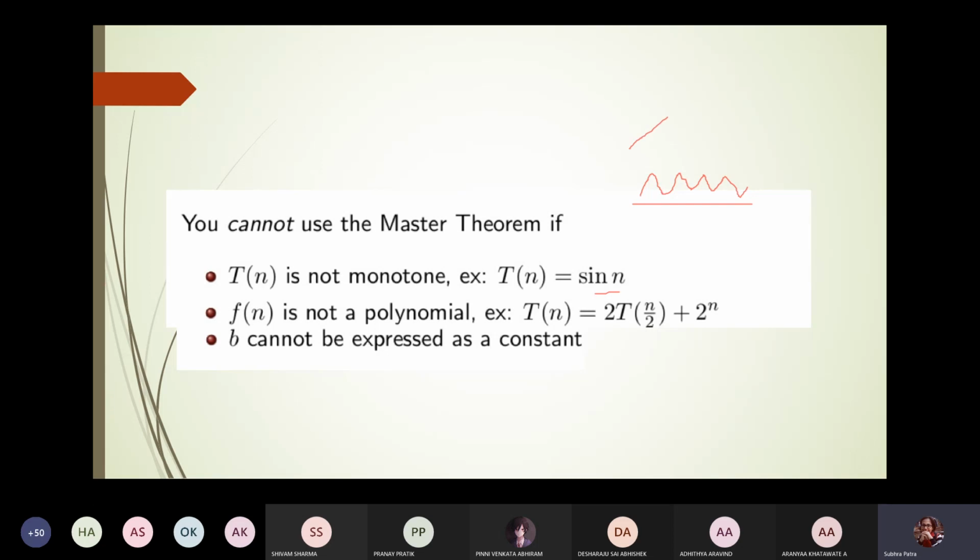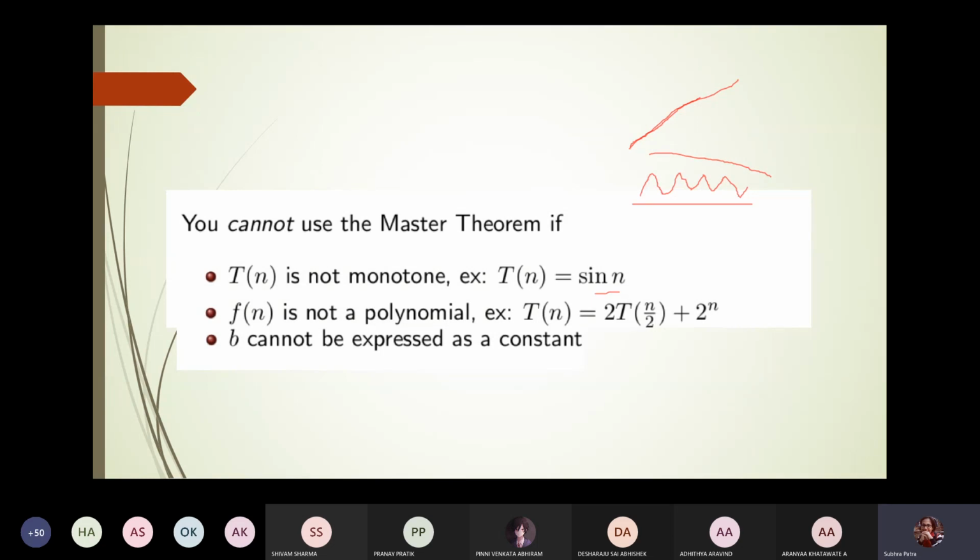It should be either non-decreasing or non-increasing. And I'm calling it non-decreasing because I'm including the 0 as well in this particular case. Otherwise, you can simply call it a decreasing or increasing function.